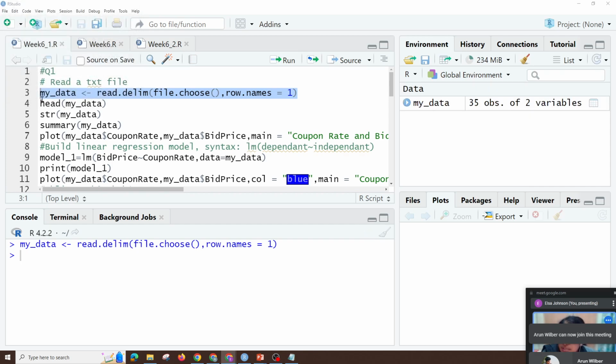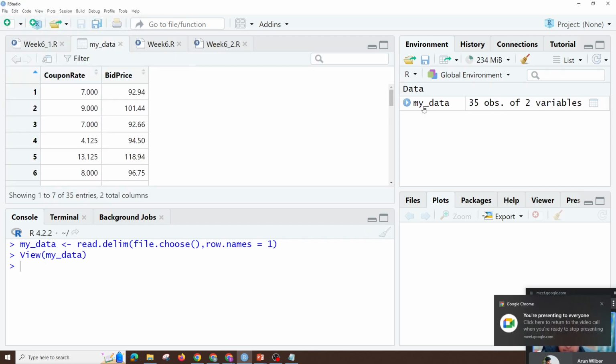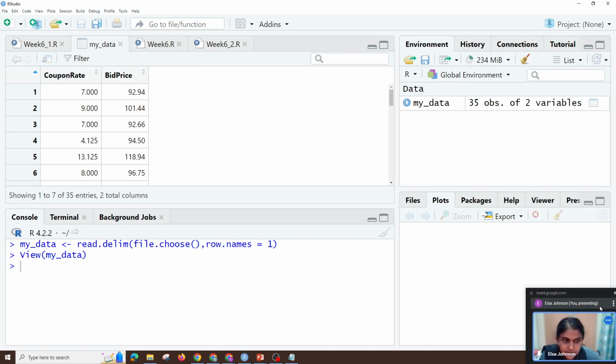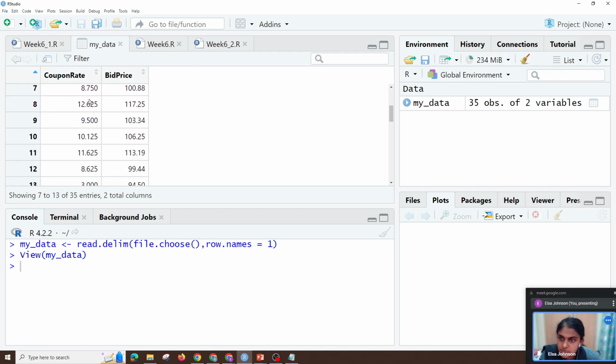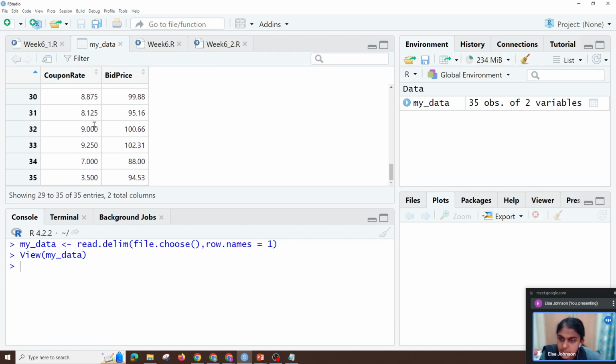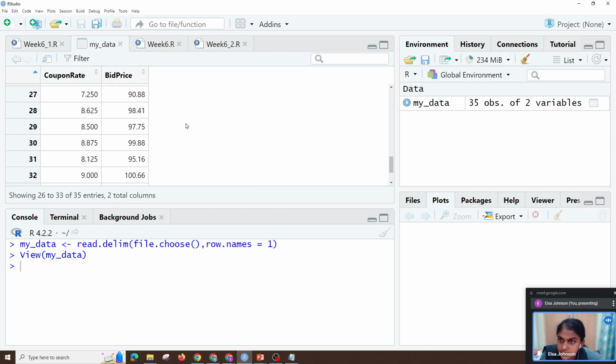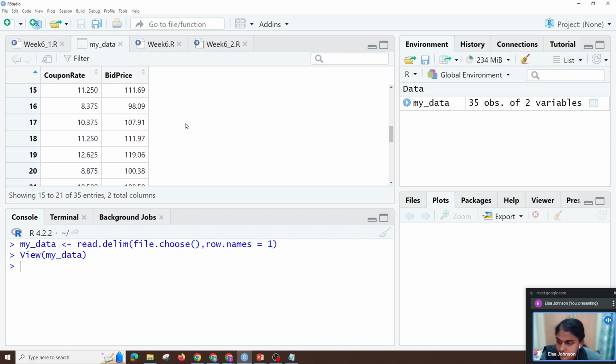Now my data is read, so this is my data. Coupon rate, bid price. In the lectures you might have seen how to select dependent and independent variables. The one which you think has fewer errors is one of the criteria by which you select the independent or dependent variable.